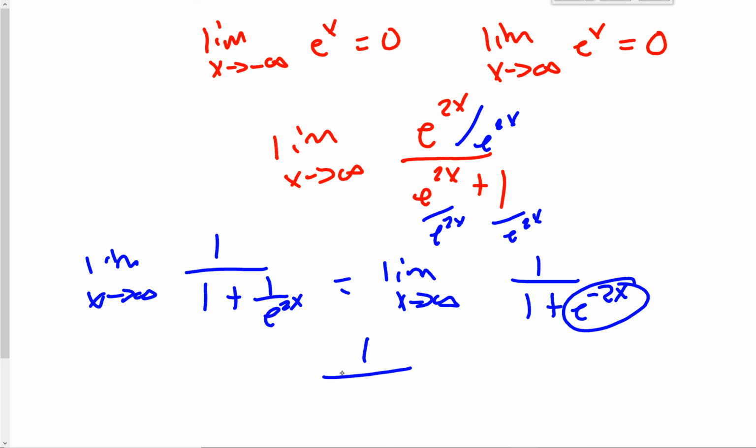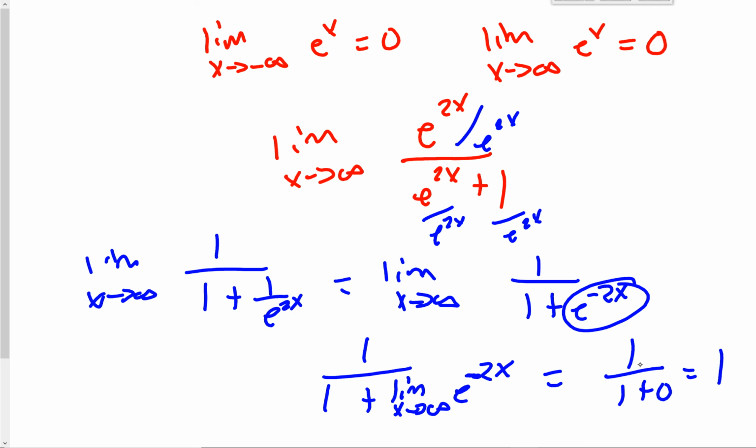So I have 1 over 1 plus the limit as x goes to infinity of e to the negative 2x. And as x gets bigger and bigger, because of that negative, this is just going to have a negative exponent, which is going to flip it, and it's going to go to 0. So this just equals 1. Okay, so there you go.